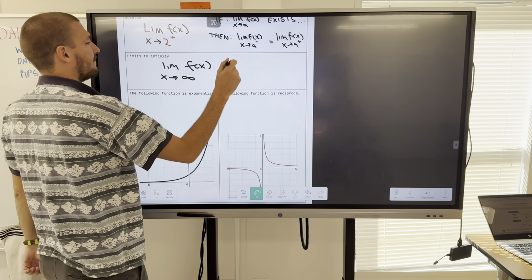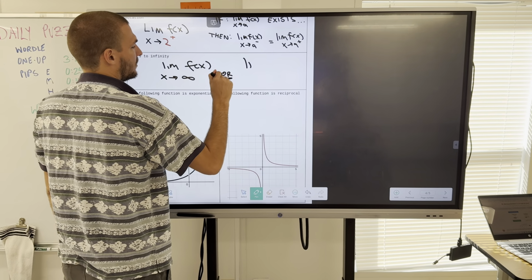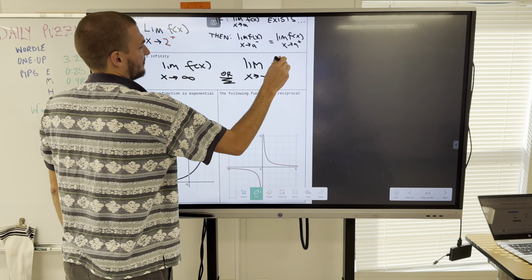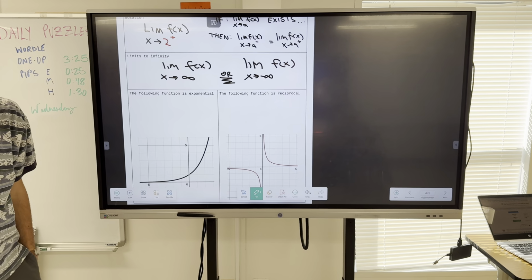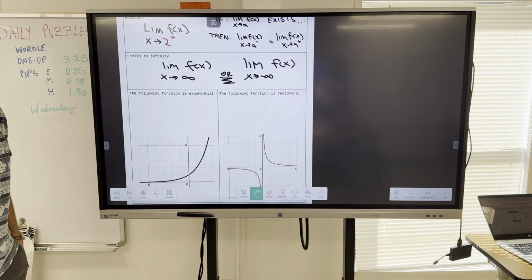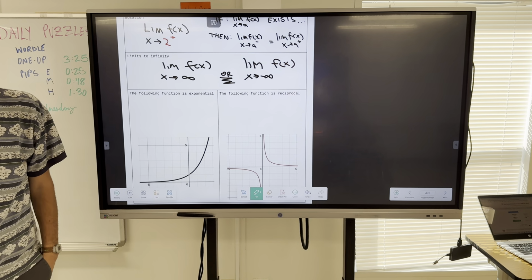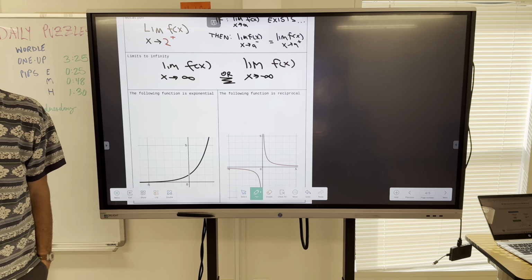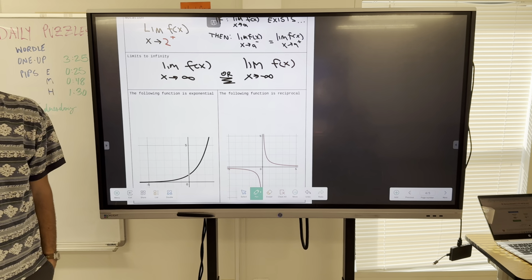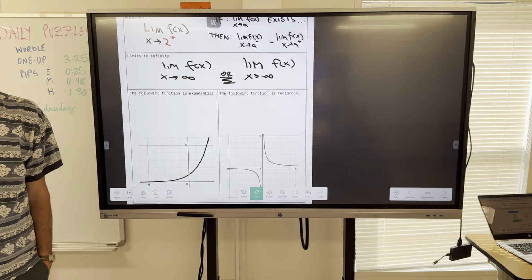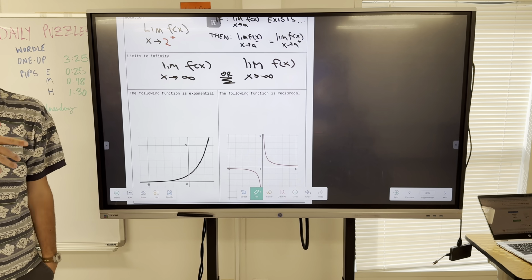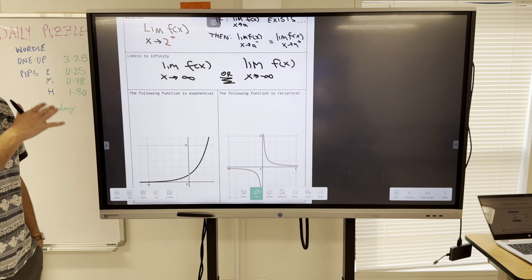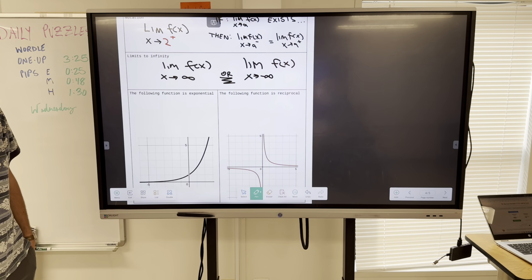You could also have the limit as x goes to negative infinity. You will not have one-sided limits with infinity limits, of course, because you can't approach positive infinity from the positive side of it. It just doesn't make any sense. So you'll never have one-sided limits that are also at the same time infinity limits.